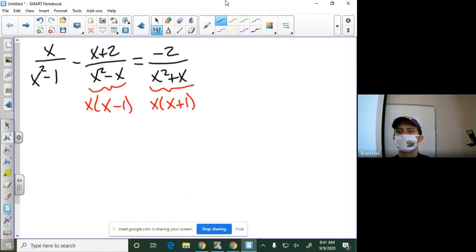Finally, for the one on the far left, that is another situation of a difference of two squares. We had this exact problem before, but there was a 4, and there was a -4 instead of a -1.